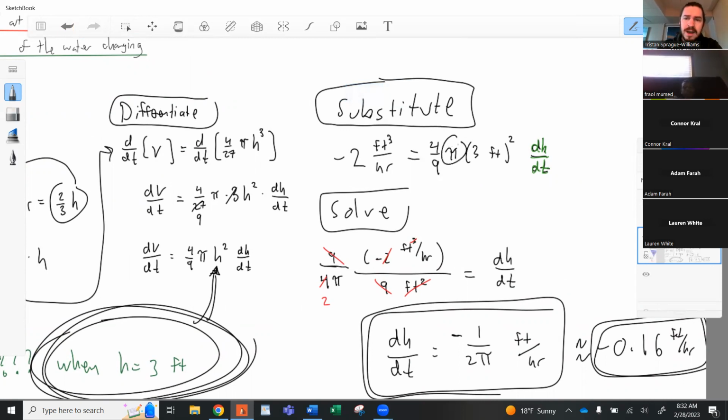The pi was in the numerator, so I divide both sides by pi, so now pi is in the denominator. We had the -2 already on this side, so it's still in the numerator on the left side, but then we divide by 3 feet squared, so now the 3 feet squared is in the denominator over here. It's just dividing both sides.